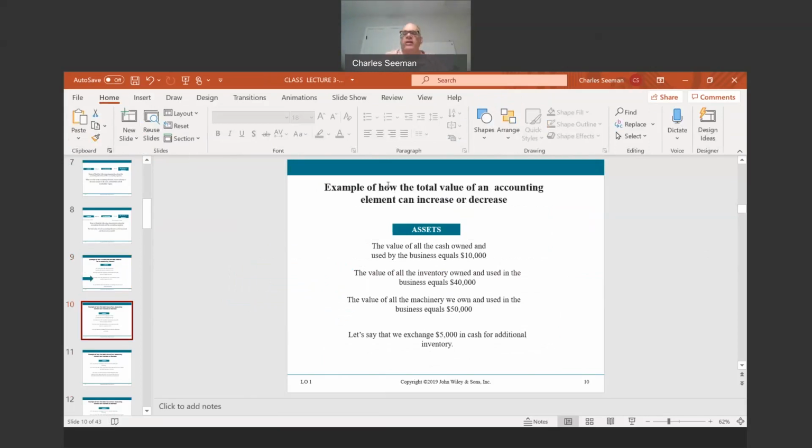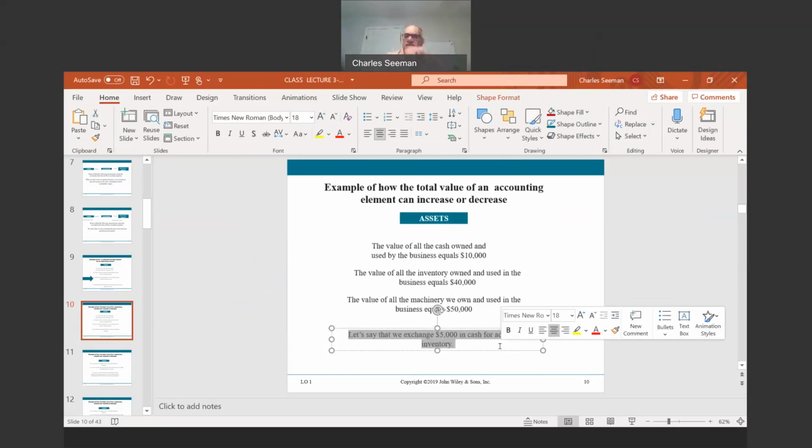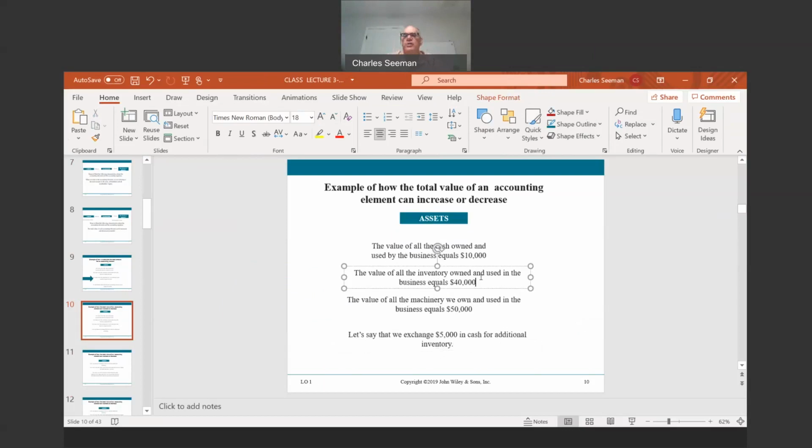Examples of how the total value of an accounting element increases or decreases. So let's say we have the assets, which are debit to increase and credit to decrease. So the value of all cash is 10,000, the value of all inventory is 40, and the value of all machinery is 50. Let's say we exchange, we give up $5,000 in cash for more inventory. Well, that means that our inventory went up 5,000, and our cash went down 5,000.